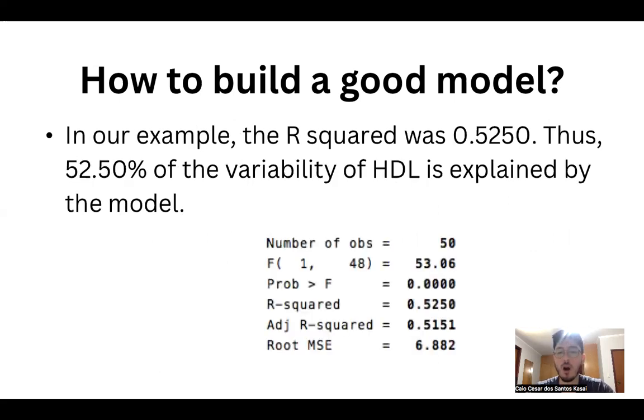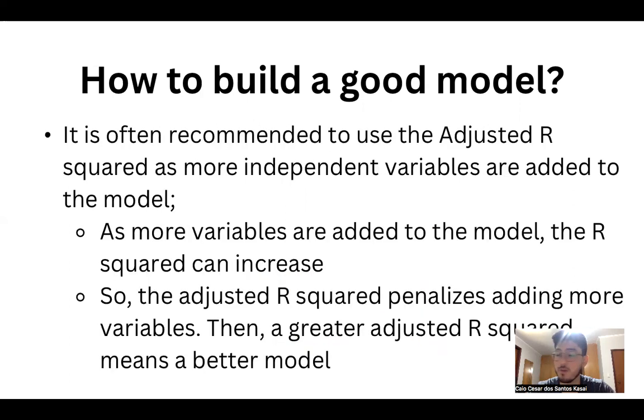In our example, our R squared was 0.5250. Thus, we can say that 52.50% of the variability of HDL is explained by our model, okay? And that is a lot.